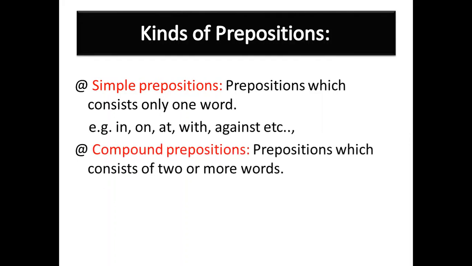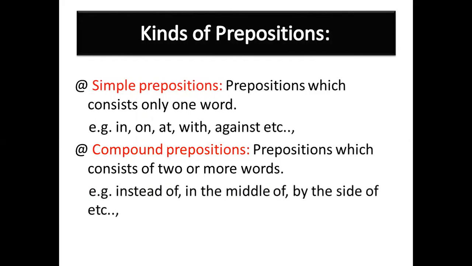The second type is compound preposition. Compound prepositions are those prepositions which consist of two or more words. For example, instead of, in the middle of, by the side of, and so on.